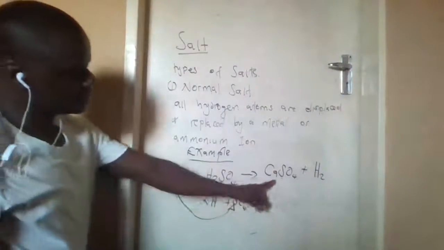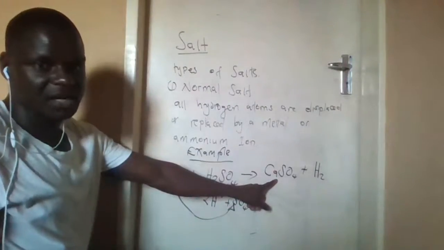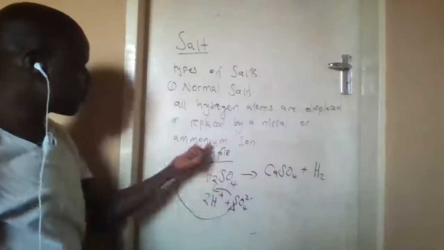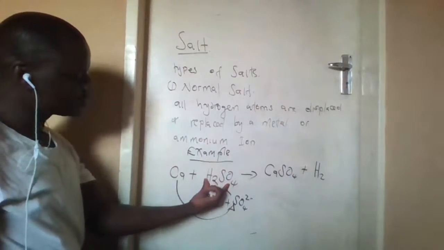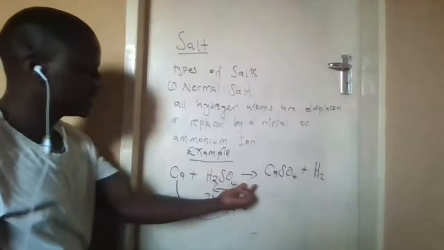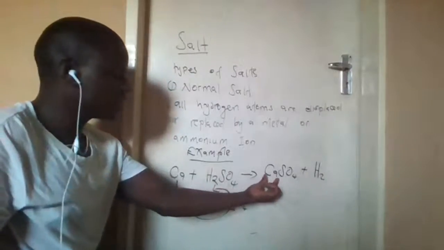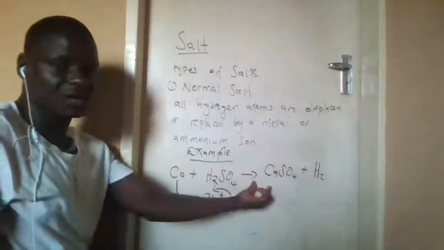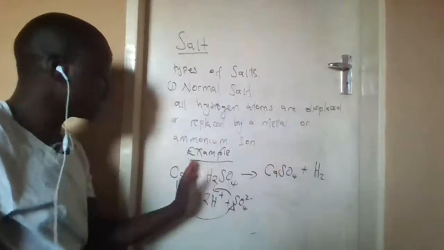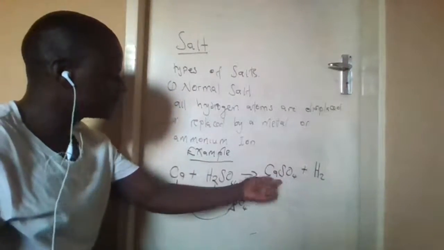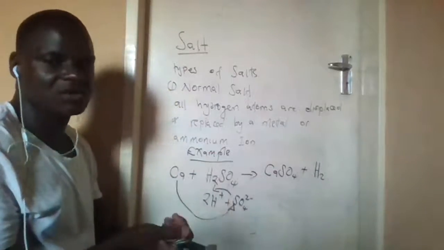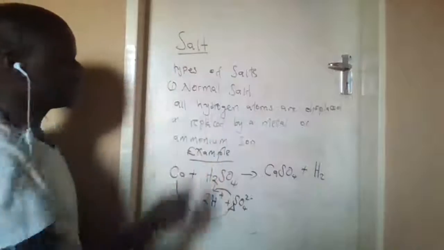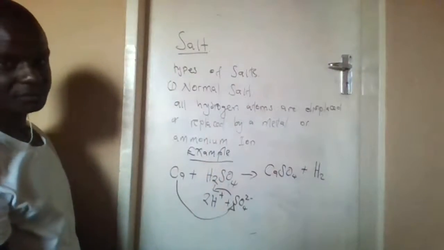If you look at this calcium sulfate, all of the hydrogen atoms that were attached to the sulfuric acid have been removed. Where there was hydrogen, now we have the calcium in its place. So these salts, where all of the hydrogen atoms are replaced by a metal, are the ones we call normal salts.